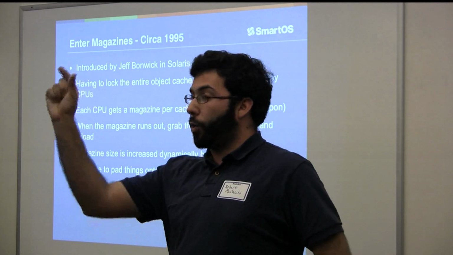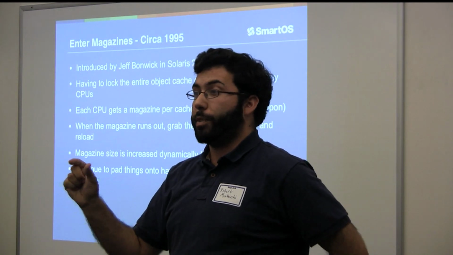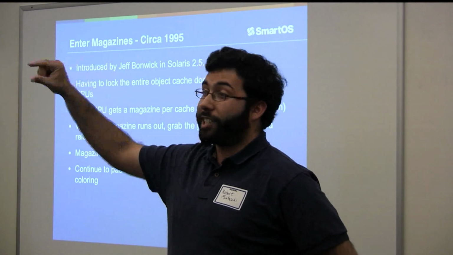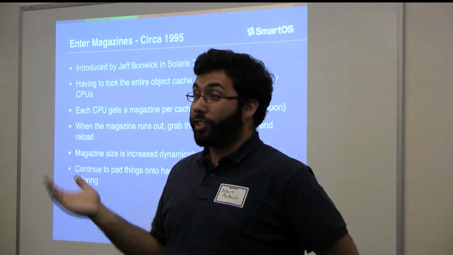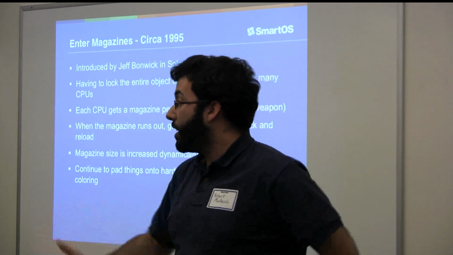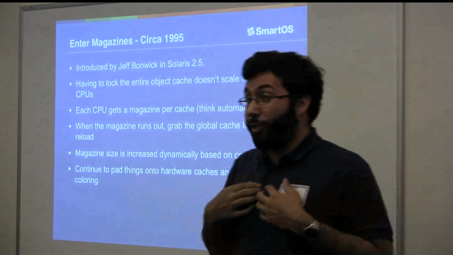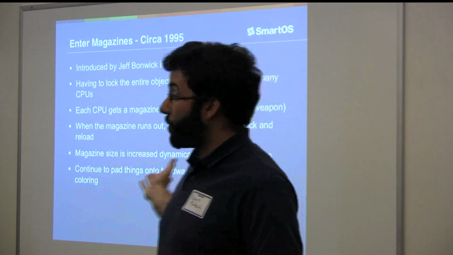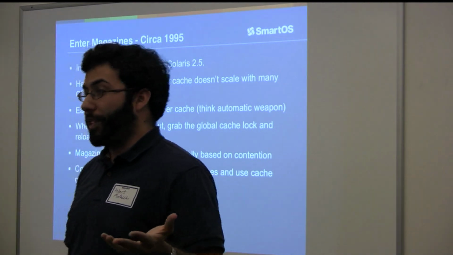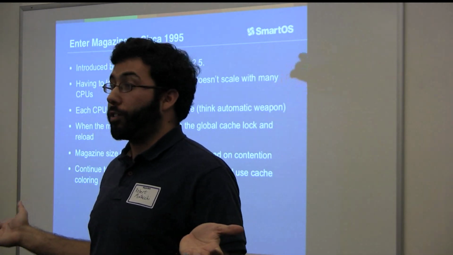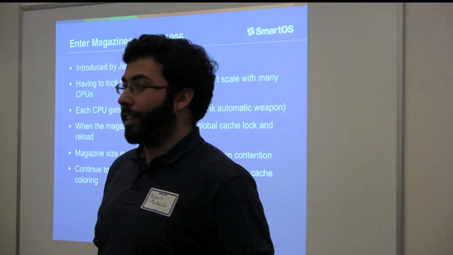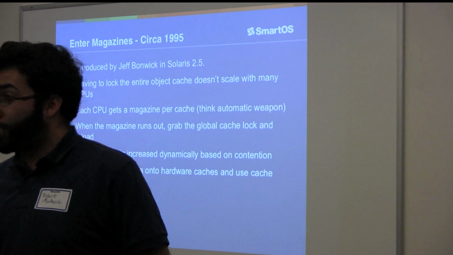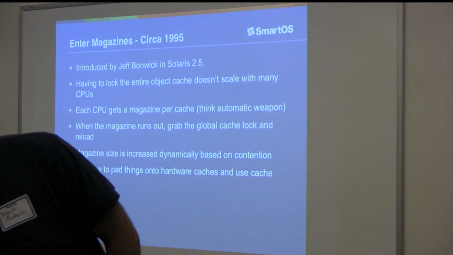If you keep everything at 0 in some of those lower bits, and they're all the same, they end up going to the exact same locations in the hardware caches, which can hurt your performance quite a lot. The nice thing is you don't have to think about this, and I don't have to think about this. Thankfully, Jeff thought about this for us. So there's the notion of cache coloring, so we don't have to worry about whether we're taking the most advantage of the hardware's underlying resources, or kicking ourselves out of it. Even getting the CPUs to tell us that this is happening is hard enough with observability, so it's a good thing we don't have to worry about it.